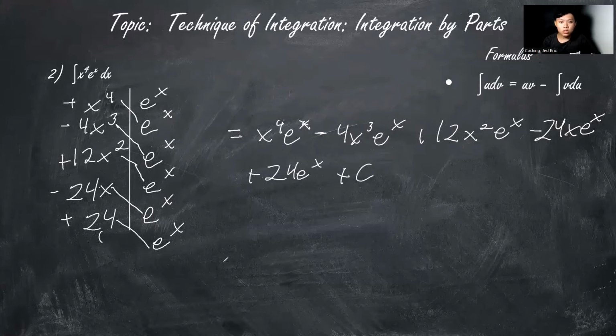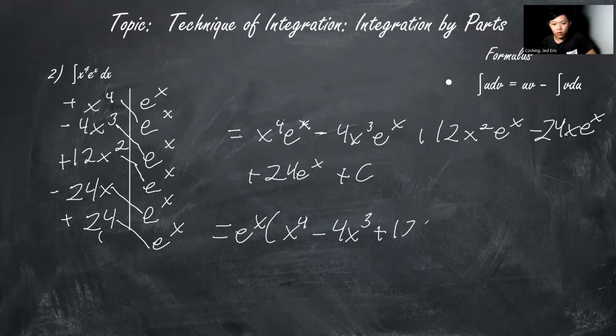Now you can also simplify this as e raised to x times... no, do it as 4x raised to 4 minus 4x raised to 3 plus 12x raised to 2 minus 24x plus 24, plus c.